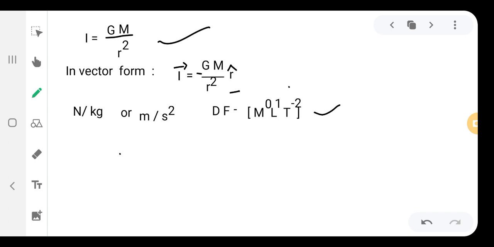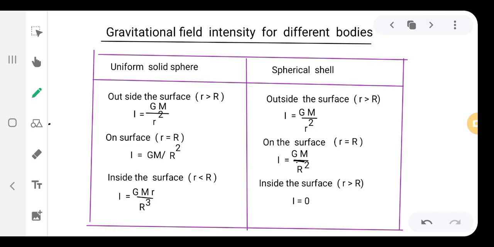Okay, let us see the next topic, the gravitational field intensity for different bodies.